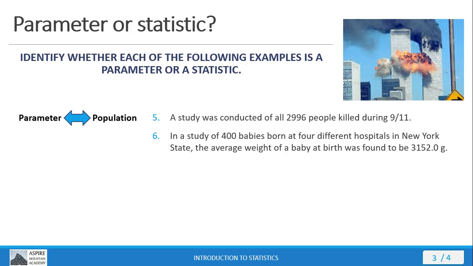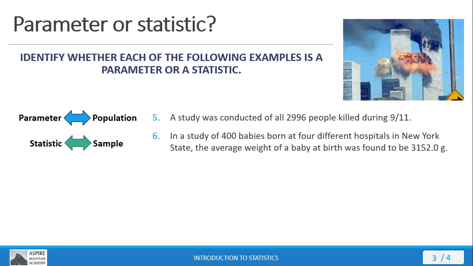Here's our next example. In a study of 400 babies born at 4 different hospitals in New York State, the average weight of a baby at birth was found to be 3,152.0 grams. Parameter or statistic? Okay, I hope you said sample. Again, don't look at what's being calculated.